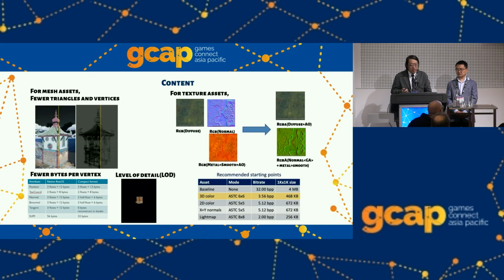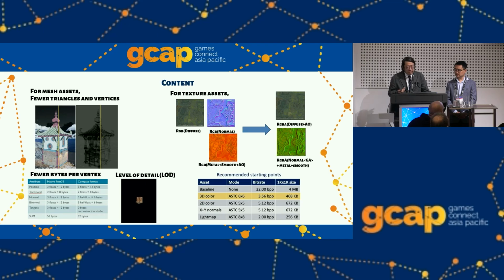Similarly, to alleviate the GPU's burden, we need to optimize art assets to enhance rendering performance. For mesh assets, it's important to avoid overly small triangles and use as few triangles and vertices as possible to achieve the same visual effect.